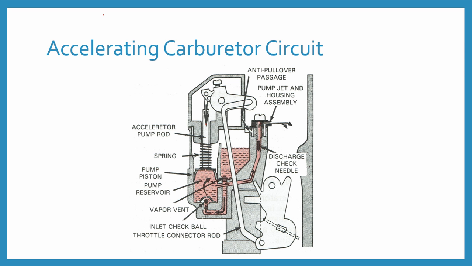When the throttle is suddenly opened, the mechanical linkage forces the spring loaded plunger or the diaphragm to move downwards, and the additional fuel in the pump chamber below the plunger is supplied from a small nozzle through the outlet check valve into the air stream of the carburetor.